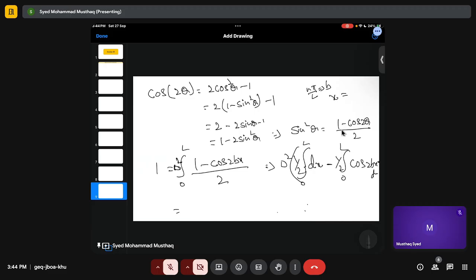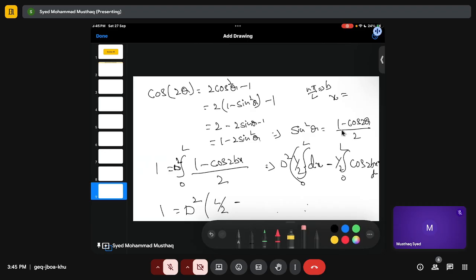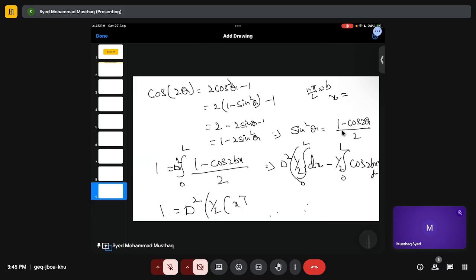Good. So I have d square, which is 1 here, and you will have L by 2 minus, it is simple, and I guess I don't need to write it again. Anyway, I will write it. So half, the integral of a constant is x, then it is x, limit from 0 to L, minus half.